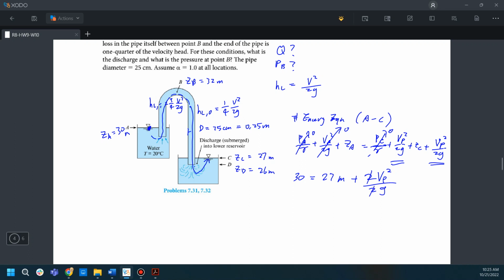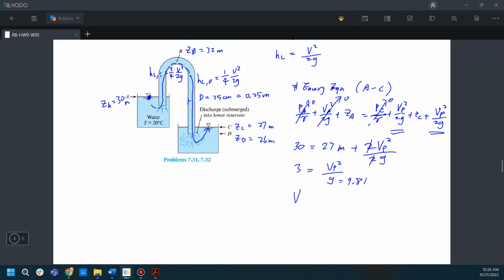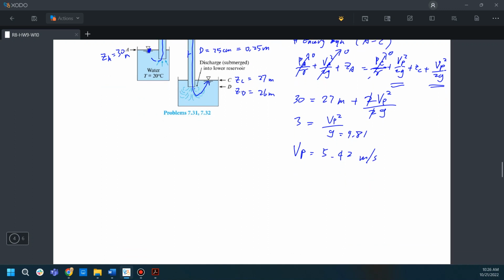Cancel these two, so these three equal to VP squared over 2g, and g is 9.81 meters per square second, so VP is 5.42 meters per second.